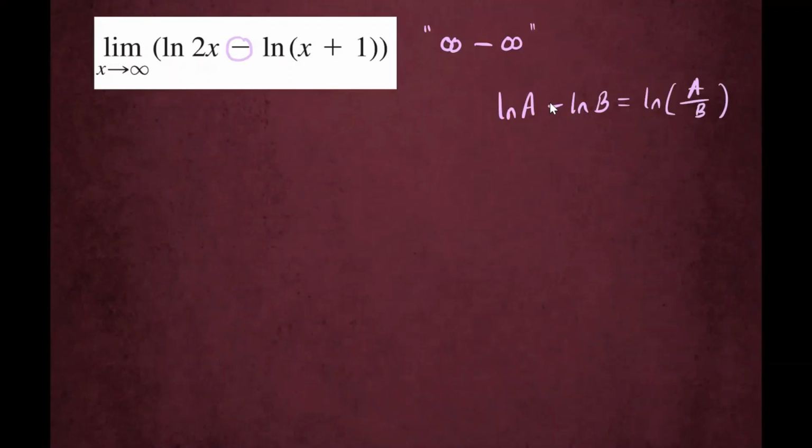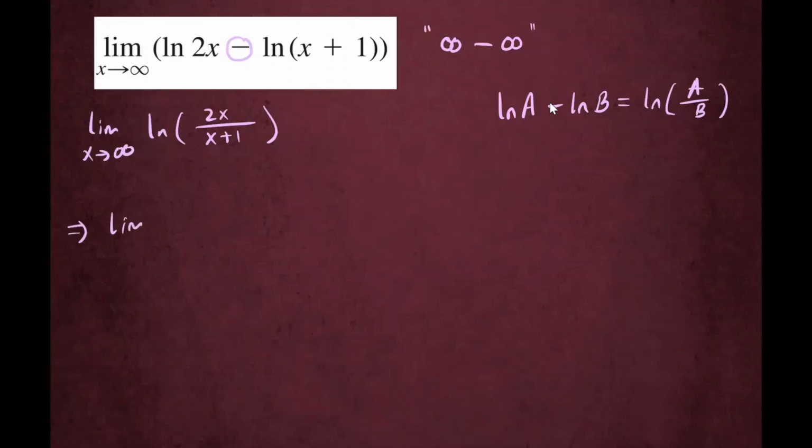Using that rule, I'm going to convert this into the limit as x approaches infinity of ln of 2x over x plus 1. Now the limit is looking for x, so I can push the ln outside, because ln is continuous. So this is ln of the limit as x approaches infinity of 2x over x plus 1.